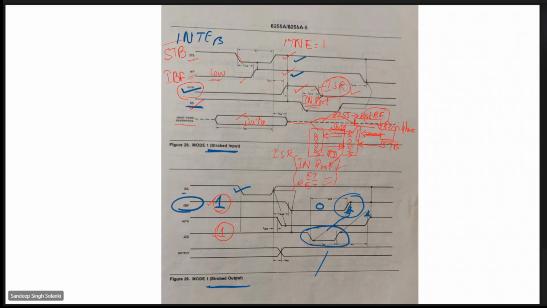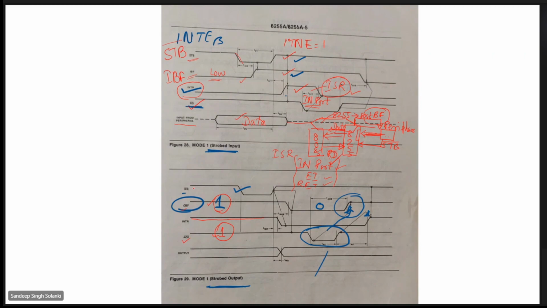Yes, isn't it? So you can see here that INTR is high, and it is shown high before this because the acknowledge and OBF have become high earlier.